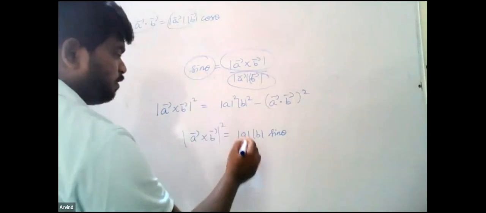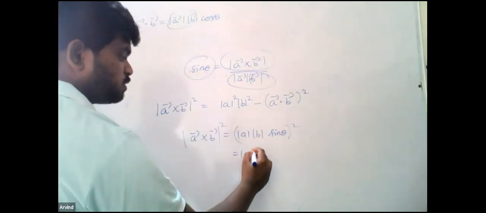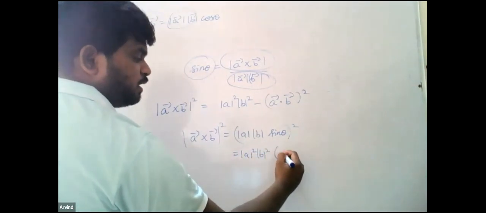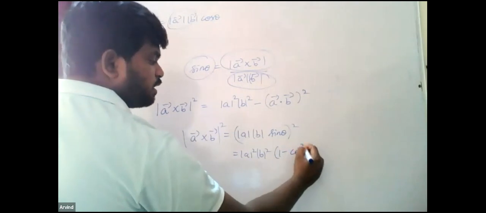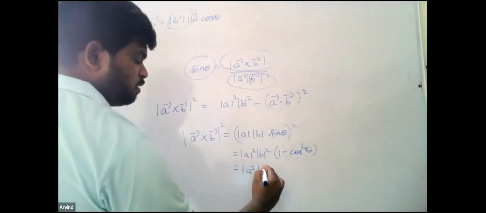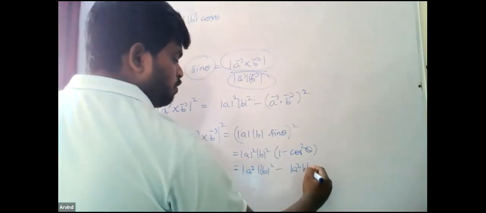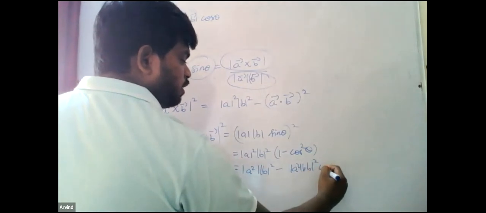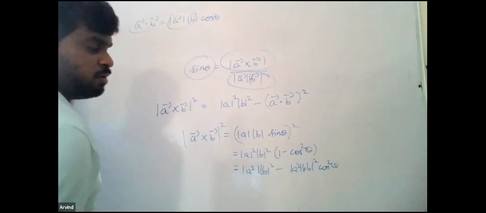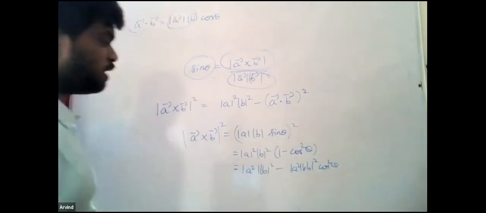If you take the square of this, it will become mod a square, mod b square, sin square theta. That sin square theta I can write as 1 minus cos square theta. So multiply it, you get mod a square mod b square minus mod a square mod b square into cos square theta. This is nothing but what? a dot b. Since everything is squared, a dot b the whole square. So that's how you get the formula.